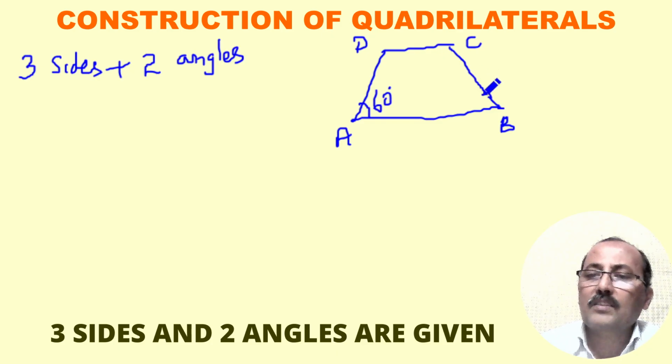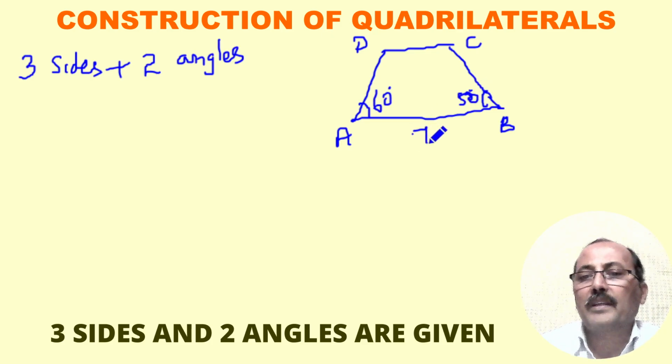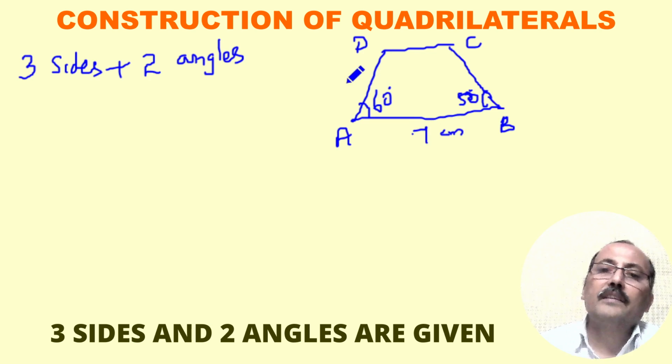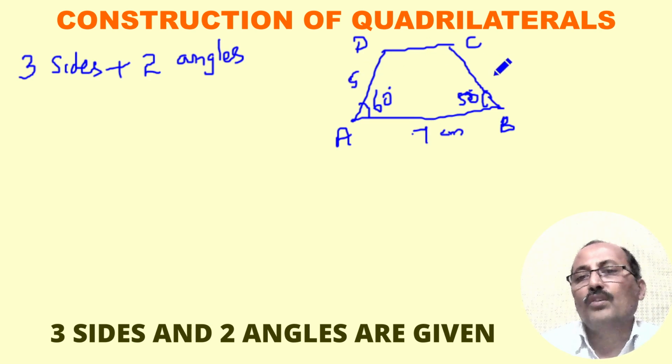It can be just 150 degree. A little bit less, looks like less, and it is 7 centimeter. Okay, this is 5 centimeter, and this is also 5, or no, I'll take 6 centimeter.